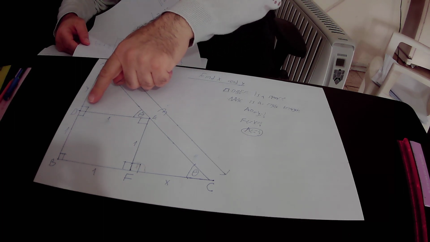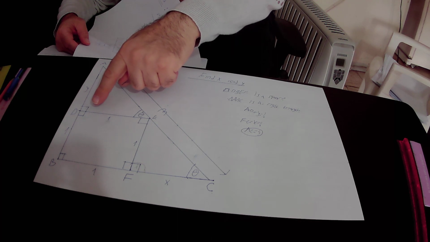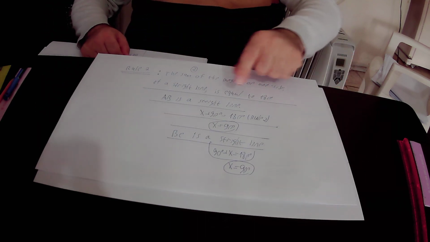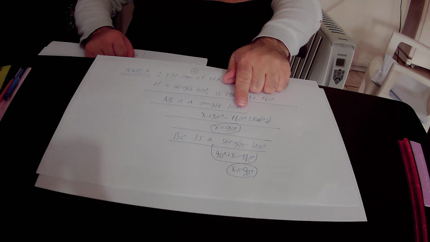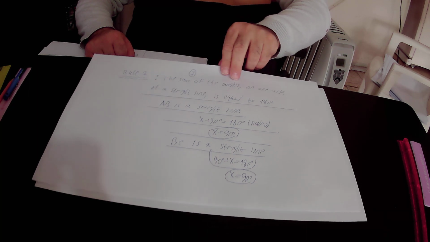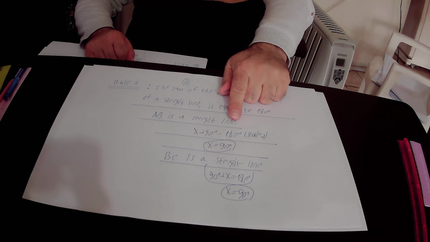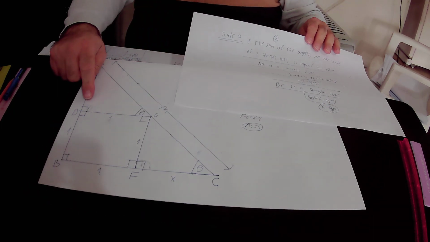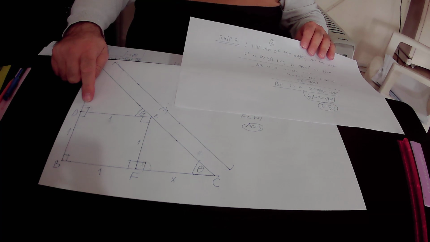If we define this angle as x, we get that x plus 90 degrees equals 180 degrees according to rule number 2. We subtract 90 degrees from this equation, and we get that angle x equals 90 degrees. So this angle is a right angle.